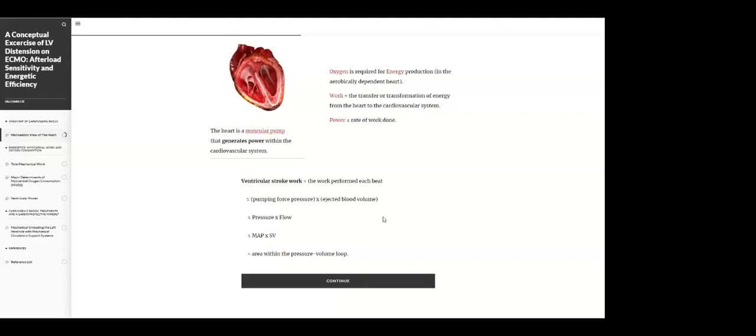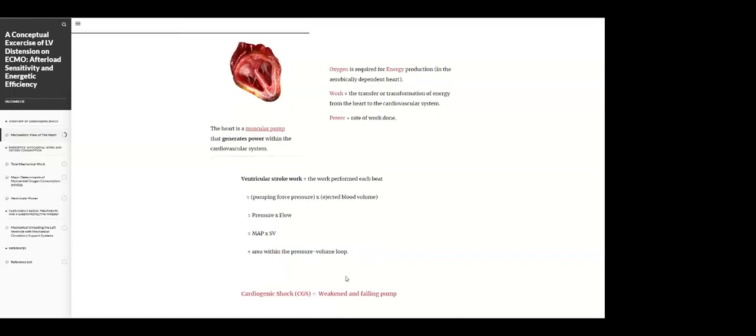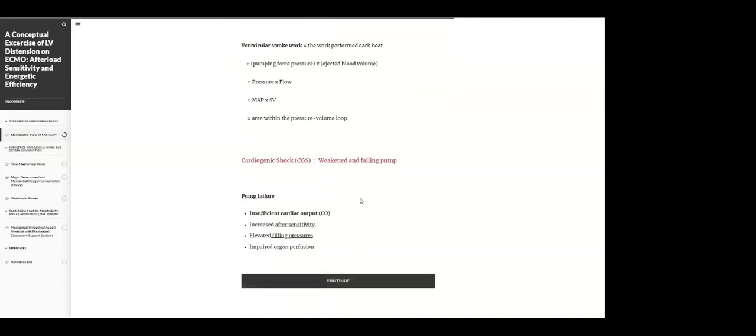So that's ventricular stroke work and ventricular power. As we discussed, ventricular stroke work is going to be more accurate, looking at the area within the pressure volume loop. And so here in just a moment, we're going to look at pressure volume loops and discuss that a little further. But first, looking at why we want to view the heart in this manner.